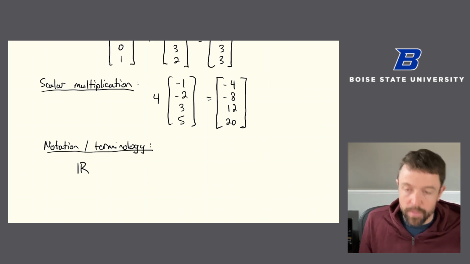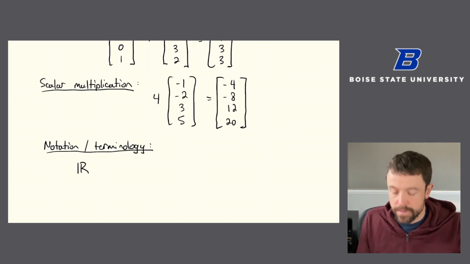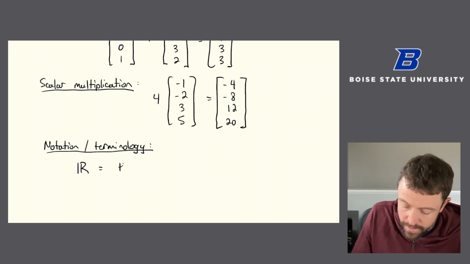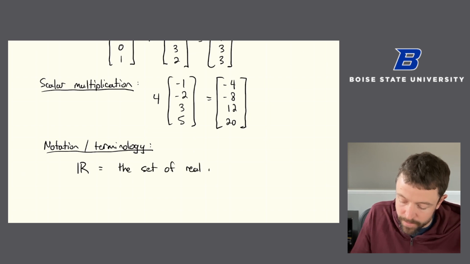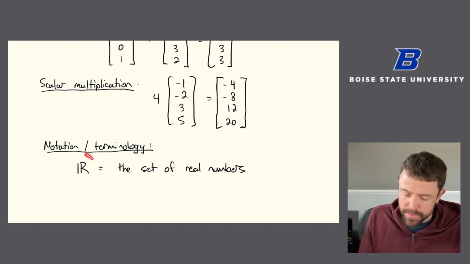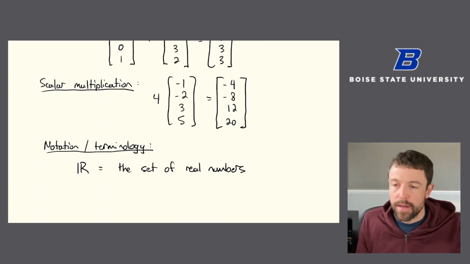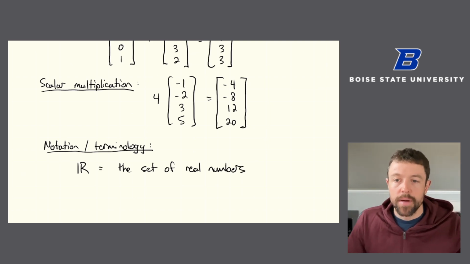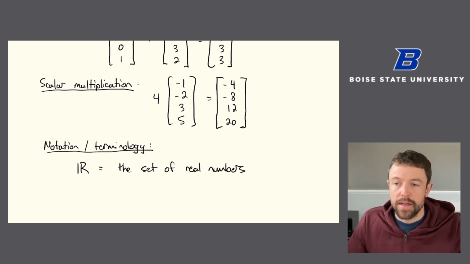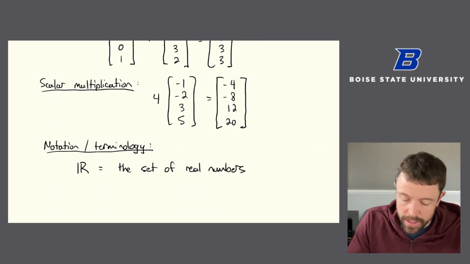If I draw an R, but with 2 vertical lines, this is the set of real numbers. This is a pretty common symbol for the set of real numbers. This is what's known as Math Blackboard Bold. I'm not sure why that's what it's called, but you'll see a lot of this sort of notation if you take enough math classes.